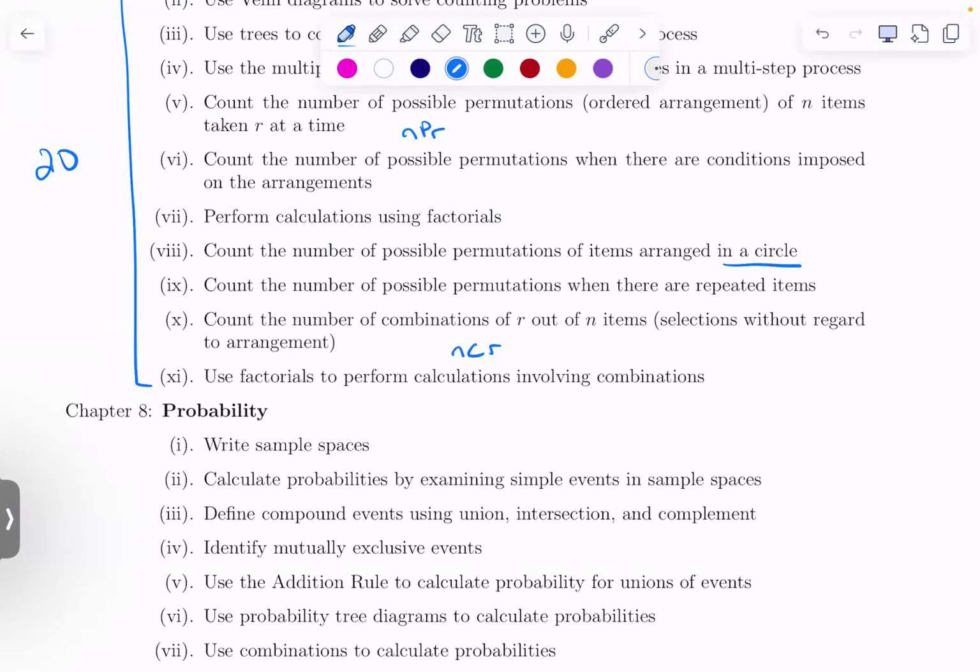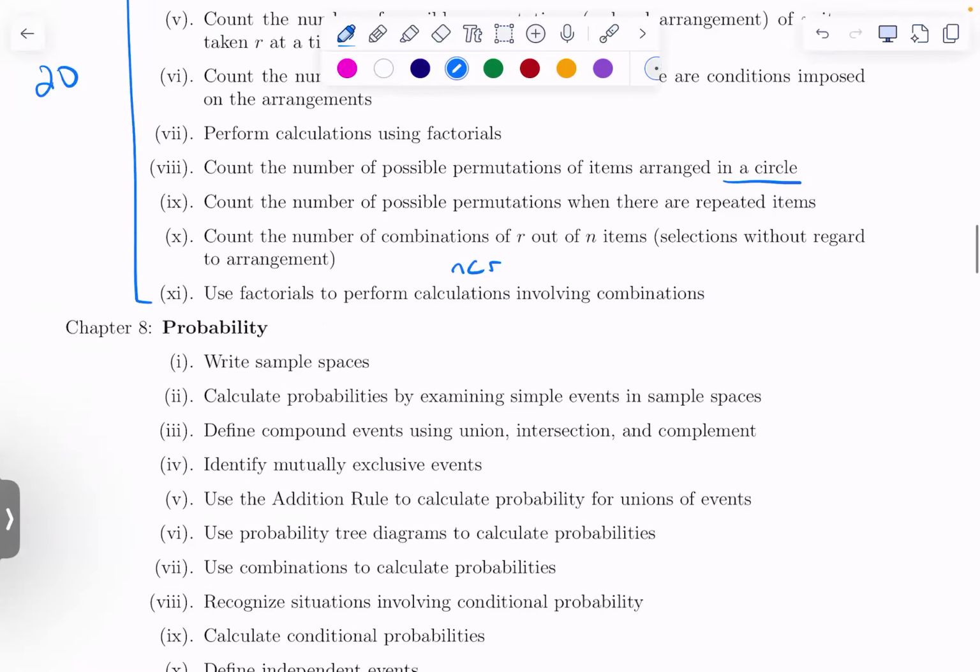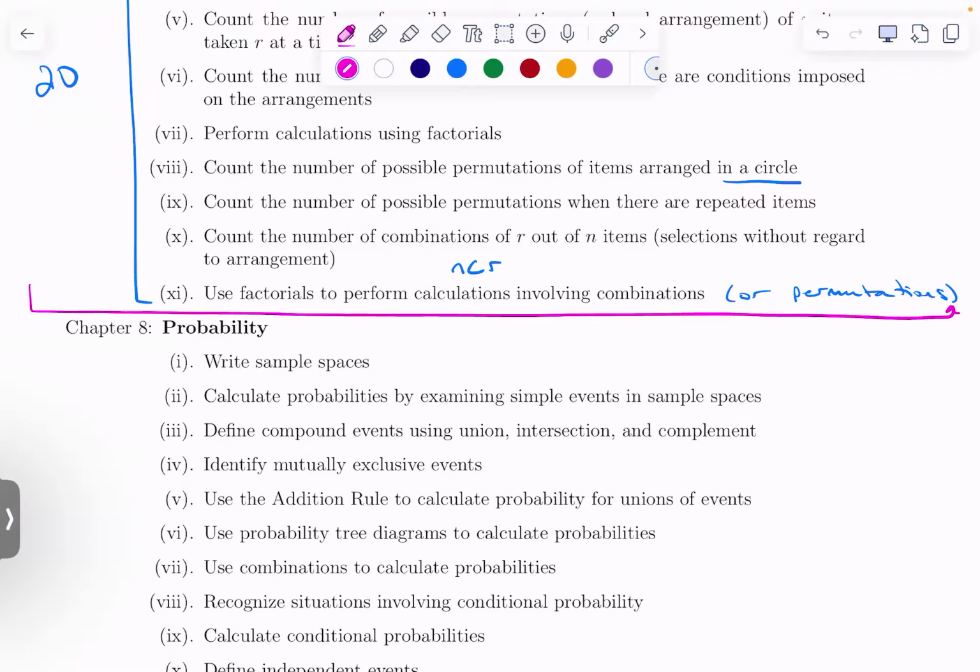And then use factorials to perform calculations involving combinations. And maybe I should add or permutations. Right. That's like on the test where I got you to use the formula and show all the work that you do by hand if you weren't to use your calculator. And that was all kind of recently on test number 2.